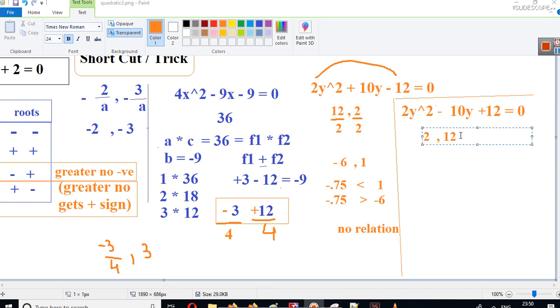So factorization will not be possible in this case, and with 3 and 8 we cannot get 10, but with 6 and 4 we can. So with 6 and 4 we can get 24, and we can also get 10 because we will get minus 6 and minus 4 here.